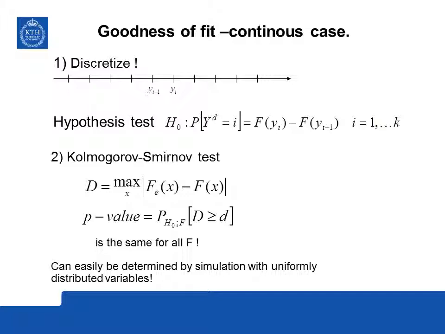The interesting thing with this p-value is that it actually is independent of the distribution F. So we can numerically or by simulation determine this p-value. And we can use the simplest possible random variable, which could be the uniformly distributed variable.